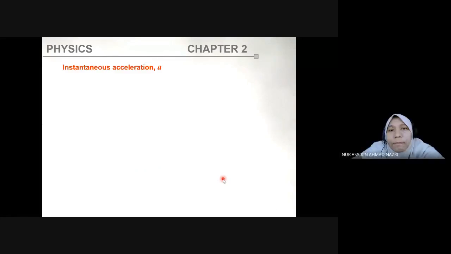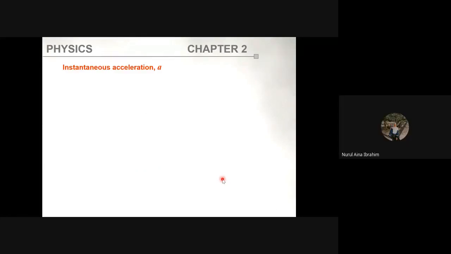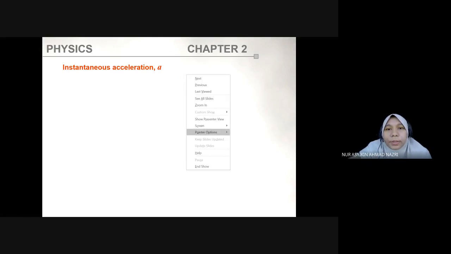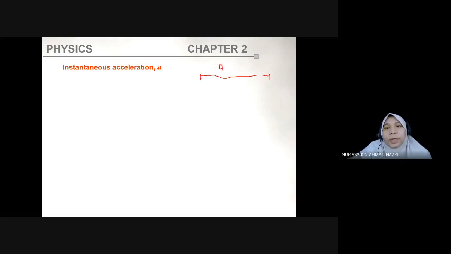Madam, apa maksud uniform acceleration? Uniform acceleration tu macam contoh tadi kita kata uniform velocity kan. So uniform acceleration pun sama macam tu. Maksudnya kita consider the car travelling dia tu ada satu acceleration saja. Acceleration dia tak increasing.